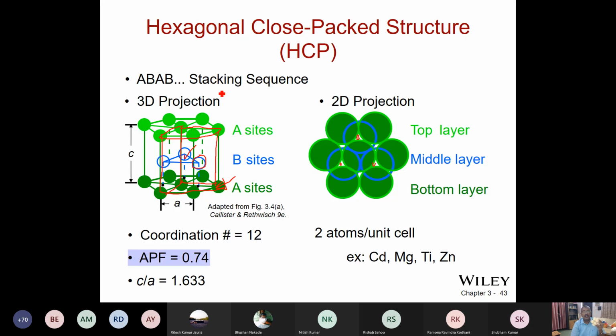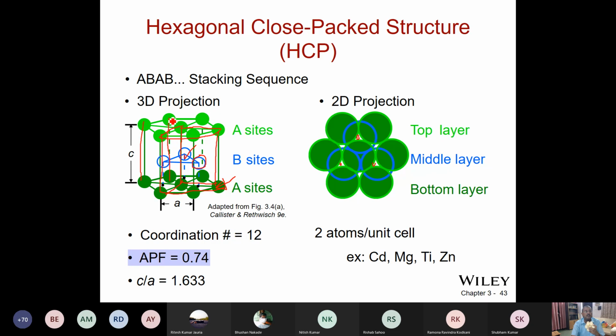Now the third layer of atoms, this light green color, sits exactly above the bottom dark green atoms, just like that. Just above it, this atom sits.